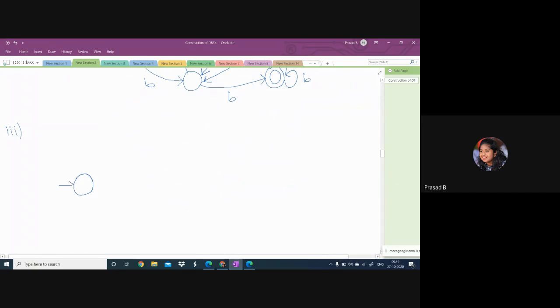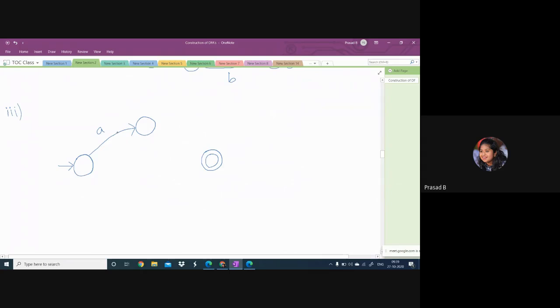Here the string can have either AA or BB. If this is substring, it means we will go to final and we will be forever in the final. So remember this point.